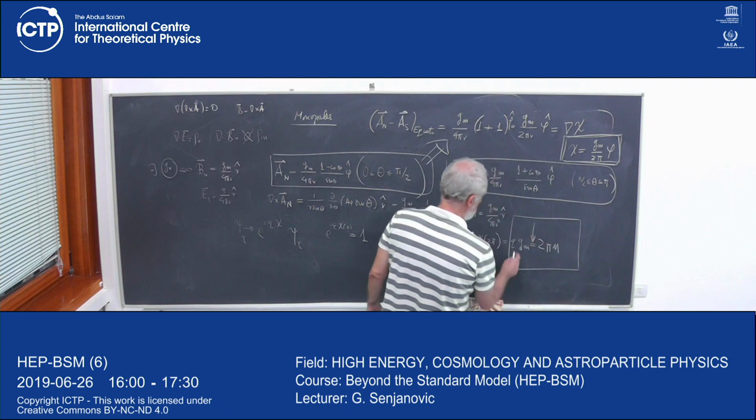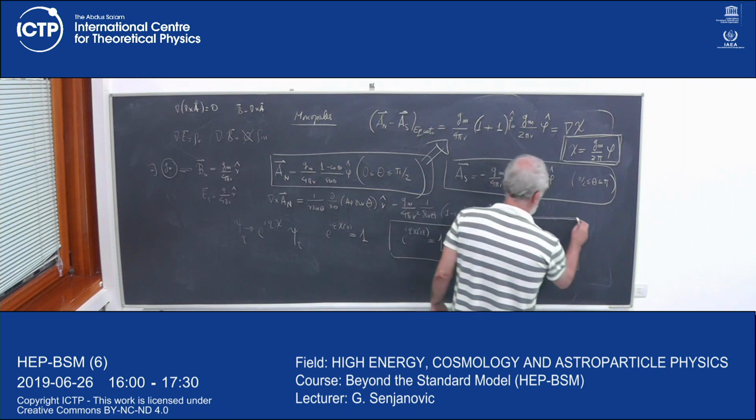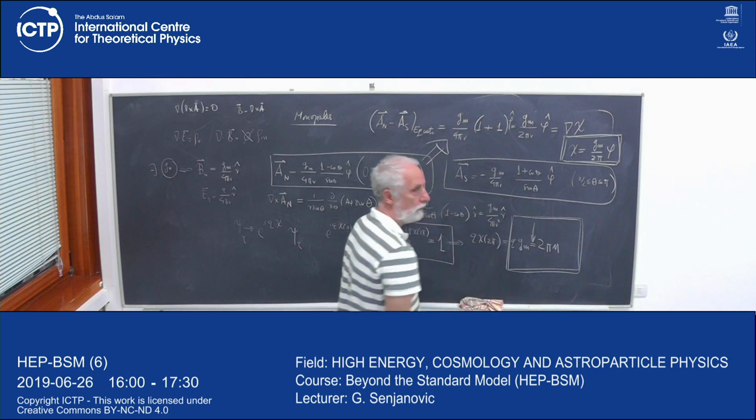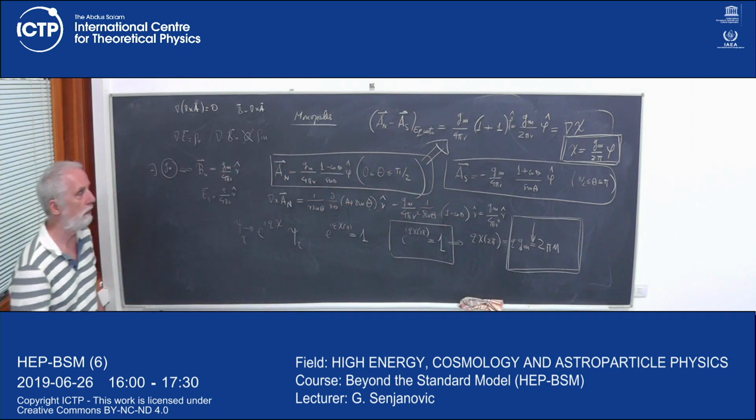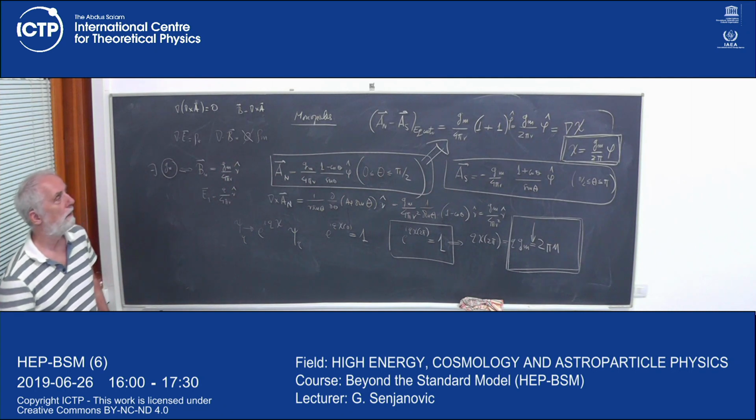When we had the magnetic monopole, we have now to change the kinetic term of F mu nu, the structure of F mu nu in the Lagrangian, or to stay the same, or we redefine F mu nu.